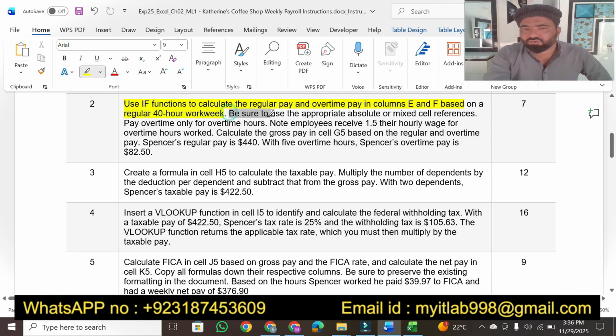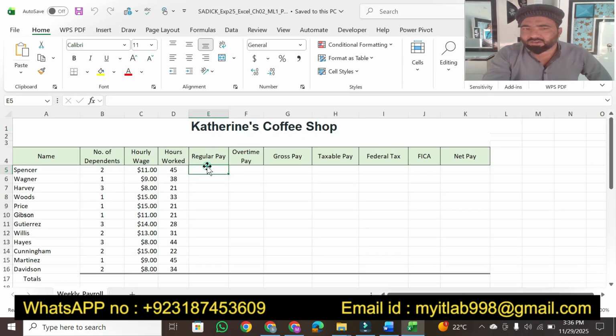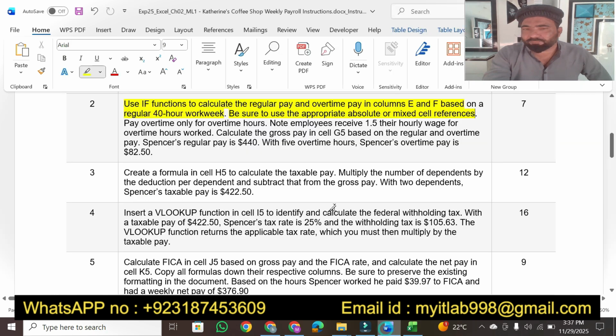Be sure to use appropriate absolute or mixed cell references. After reading these lines, we get the idea that we have to move toward column E. Here we have to work on regular pay, then overtime pay. We have to calculate both these values.